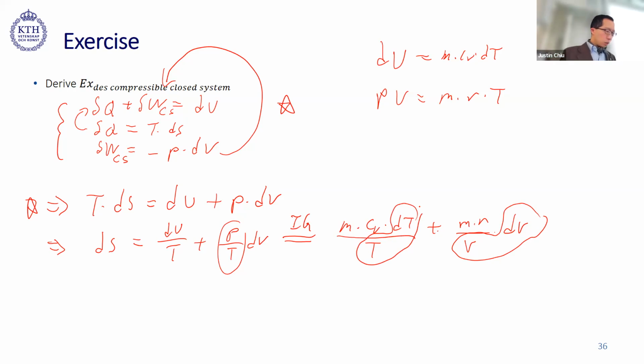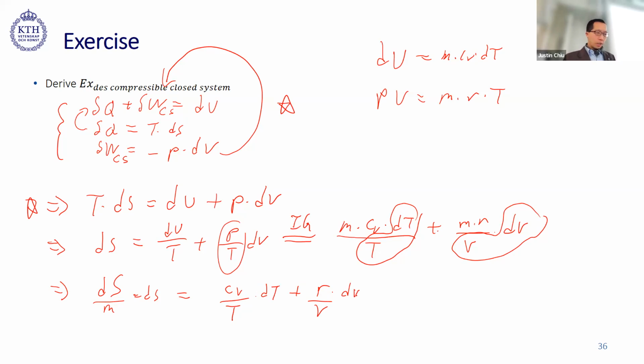So if we want to remove the mass and write in small s, d big S over mass, or d small s, that means we have Cv over T. This is also small v, the specific heat capacity, times dT, plus R times dV over V, right?